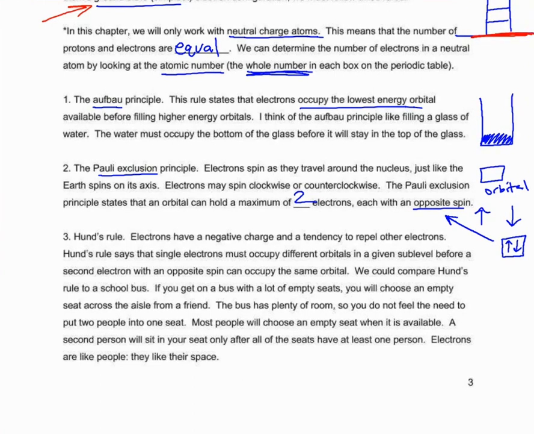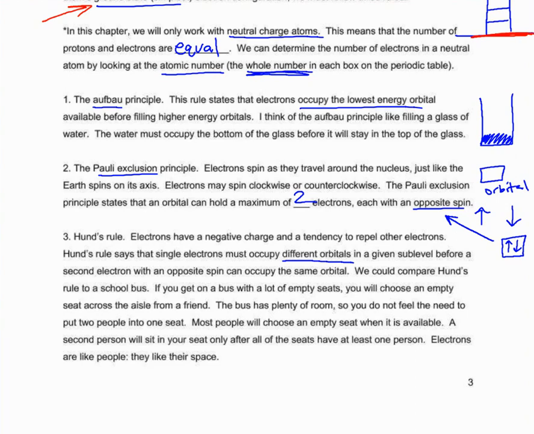They want to push each other apart, and they want to be as far apart as they can be. Hund's rule says that single electrons must occupy different orbitals in a given sublevel before a second electron can occupy the same one.